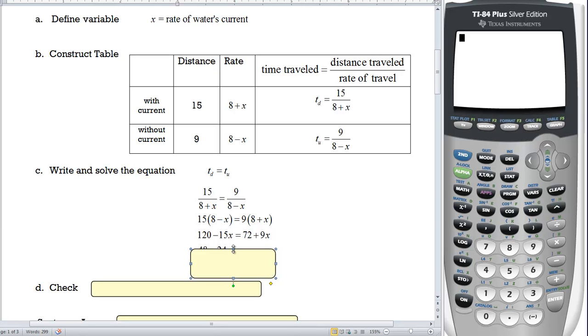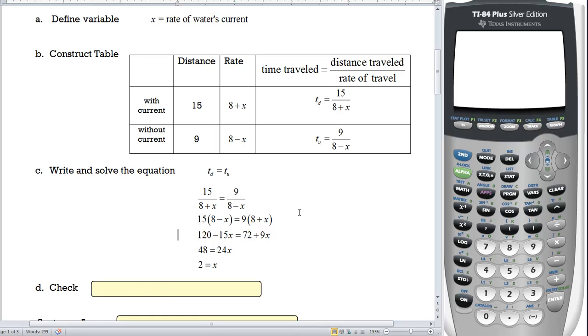You should end up with that. Get your numbers to one side, variables to the other, so it looks like I move my numbers to one side and that 15x to the other. Now divide both sides by 24, and my x is 2. Now remember what that is. That's the rate of my current.